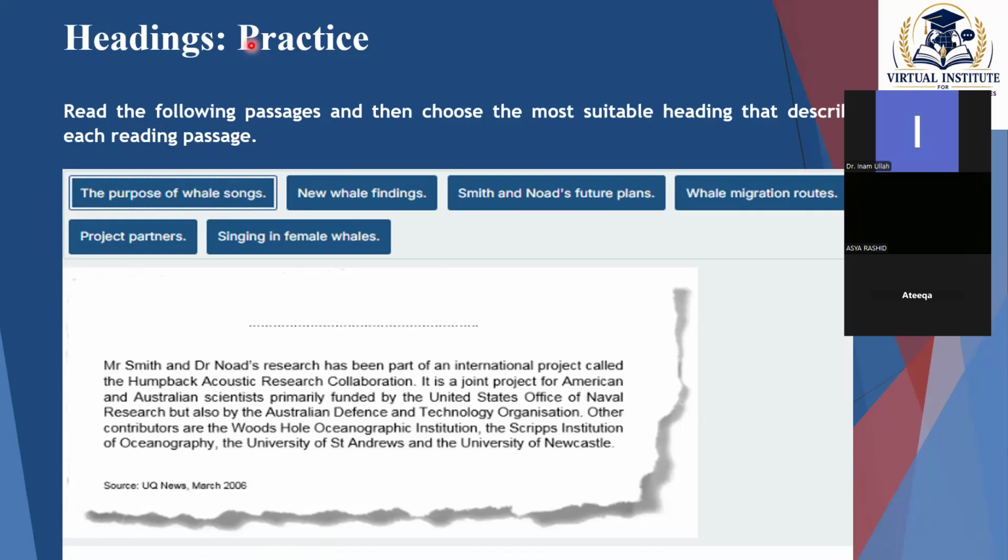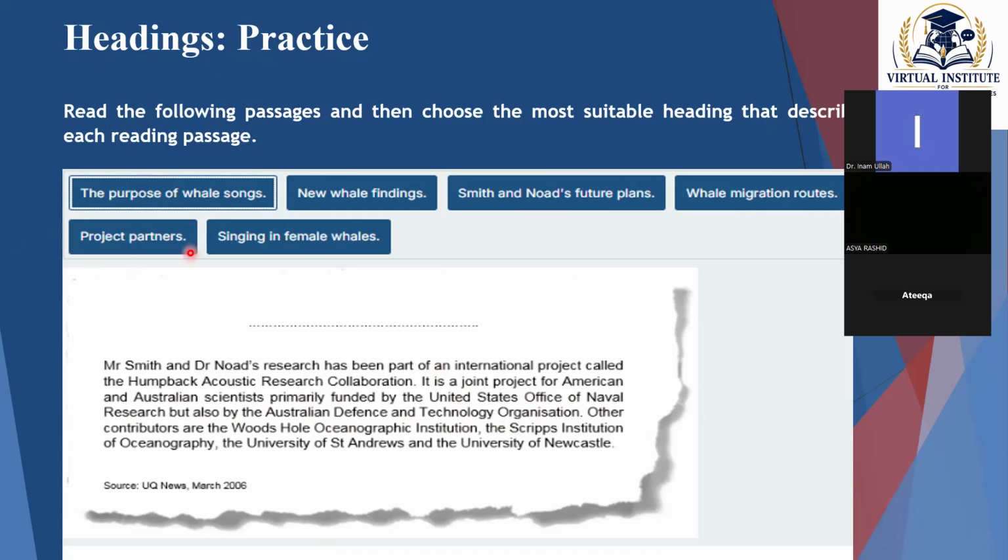Excellent. It is related to project partners. Why? Because it says that it is a joint project for American and Australian scientists, primarily funded by the United States Office of Naval Research, but also by the Australian Defense and Technology Organization. So this is the main idea which is being discussed in this passage, right? So the right title for this paragraph is Project Partners.